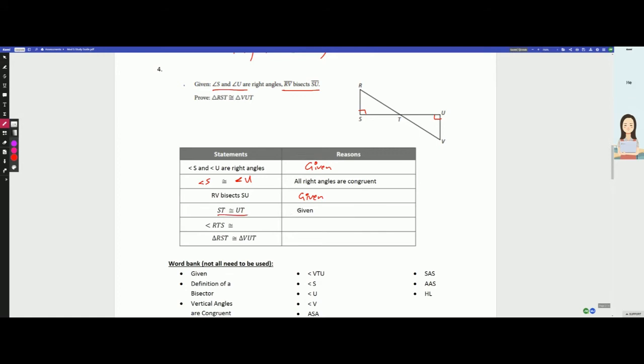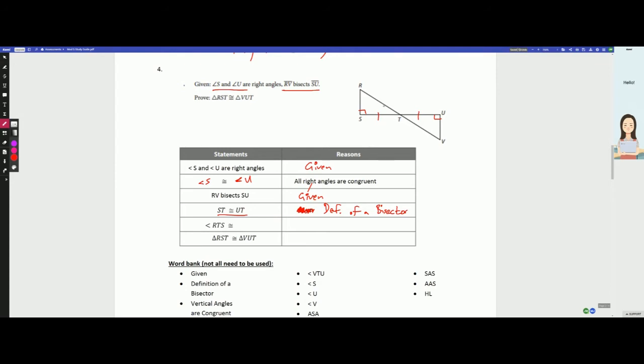Well, they didn't say that. That's not given. Okay, typo. ST is congruent to TU because again, that is the definition of a bisector. Bi means two, two what? Two sectors. Two, in this situation, two line segments that are evenly divided in two.